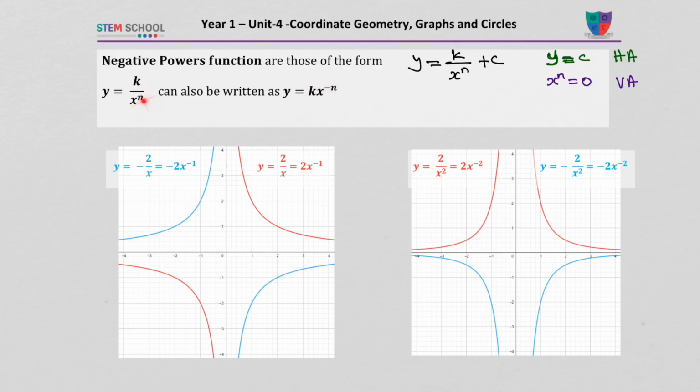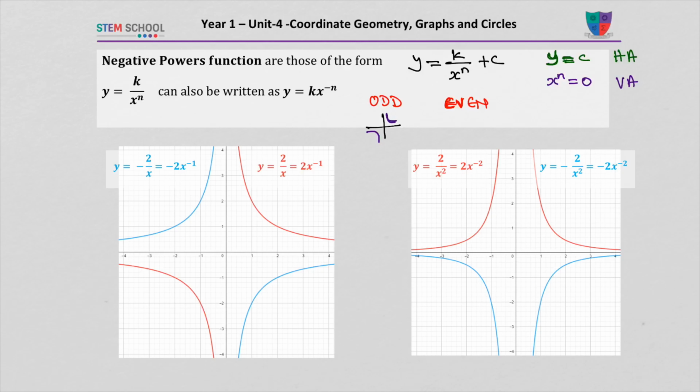There are two types of negative power functions: one with odd powers and one with even powers. For an odd function, you get a situation that looks like this, because that's odd.